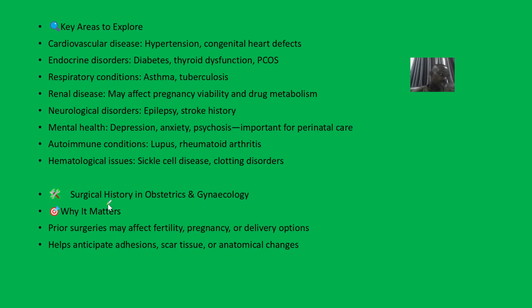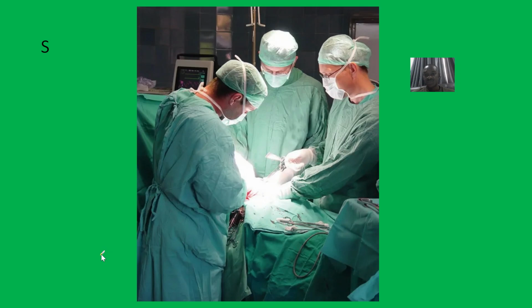So in surgical history, why does it actually matter? You are looking at other surgeries that they might have done that would have a say in their fertility and pregnancies or delivery options. It also helps to anticipate if any complications will come up in new surgeries that you do in this type of patient.